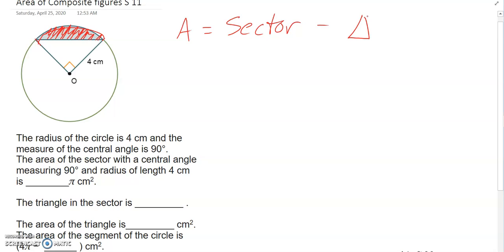So area of a sector is basically part of the circle, but it's a fraction of the circle. This conveniently is divided into 4 equal sections. So this is going to be 1/4 of the area of a circle. Another way to do this is in terms of degrees, you could do 90/360th of the area of the circle.